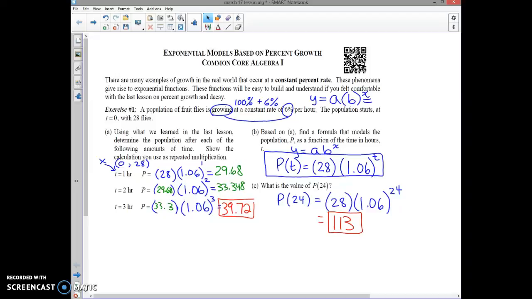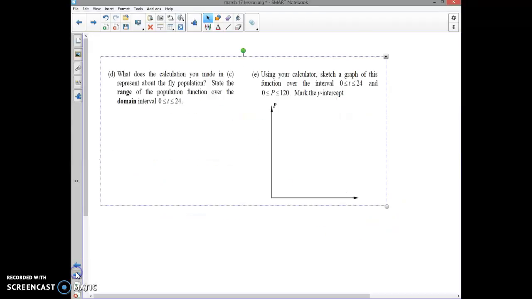Now the next two, and I'm going to try to go back and forth between slide pictures. Part D says, what is the range? And part E says, let's make a graph of this. For me personally, I think I want to make the graph first.